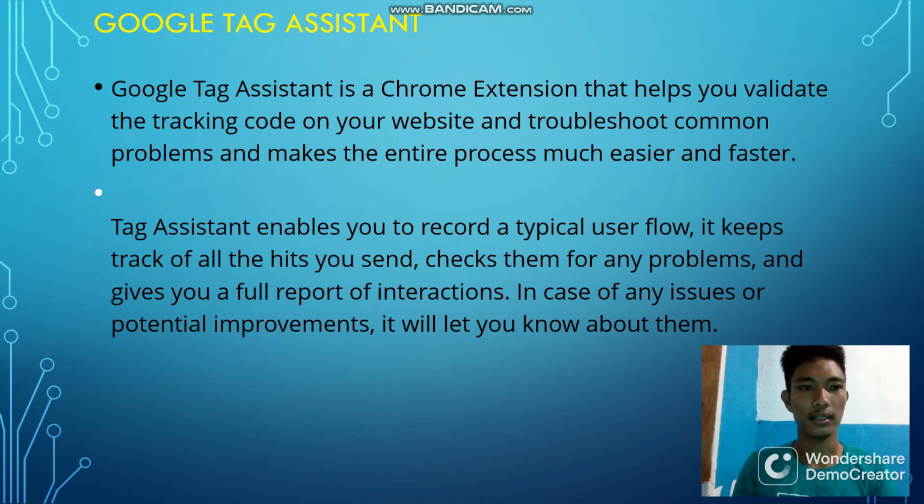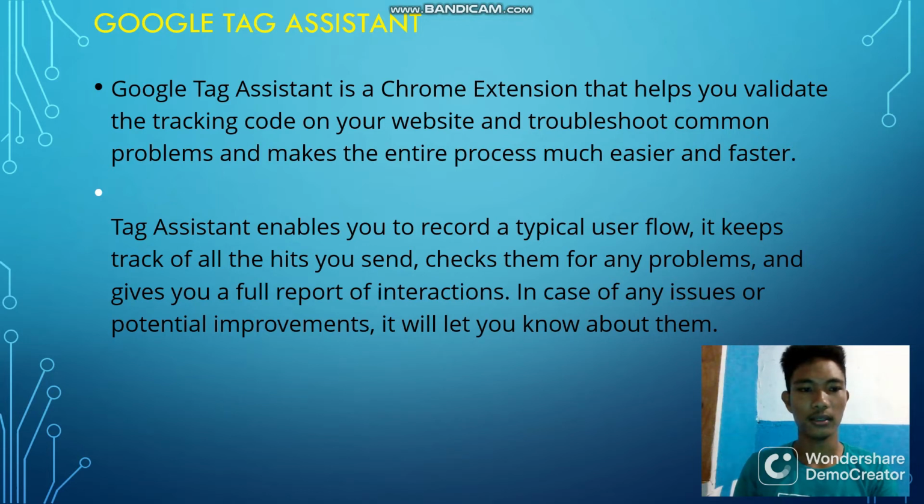So Google Tag Assistant. Google Tag Assistant is a Chrome extension that helps you validate the tracking code on your website and troubleshoot common problems, and makes the entire process much easier and faster. Tag Assistant enables you to record a typical user flow.